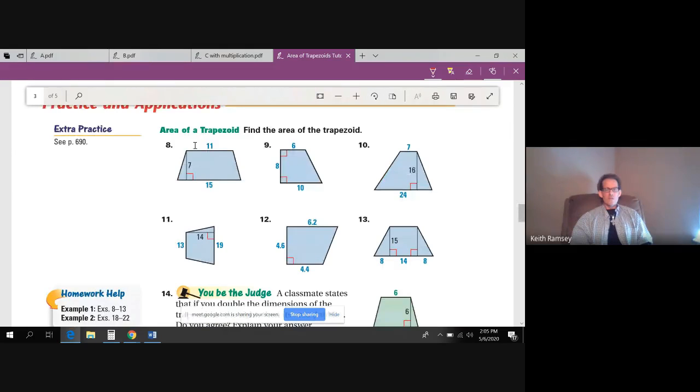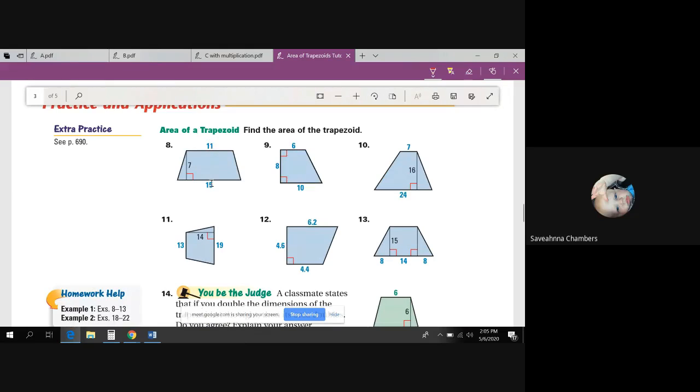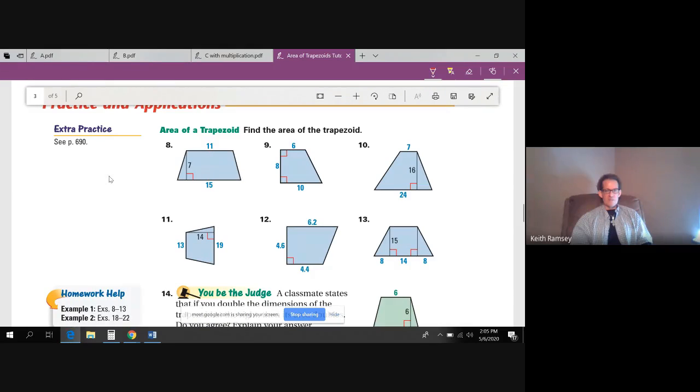Okay, so if we use our algorithm, the top plus the bottom, base 1 plus base 2, would mean 11 plus 15 times the height, which is 7. And then you can multiply that by 1/2 or just divide it by 2. So 11 plus 15 is going to be 26 times 7, which equals 182.